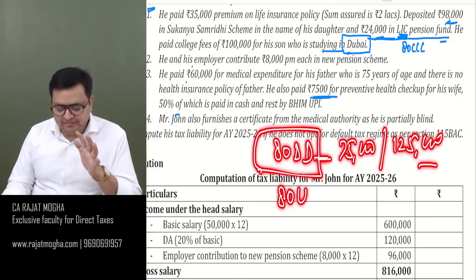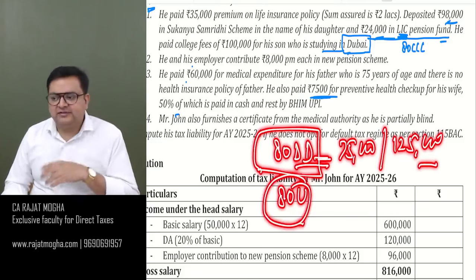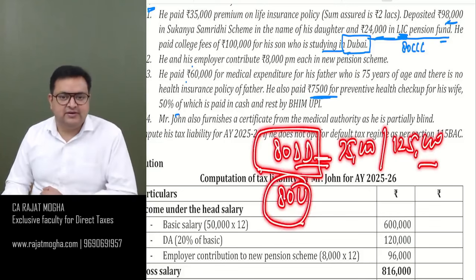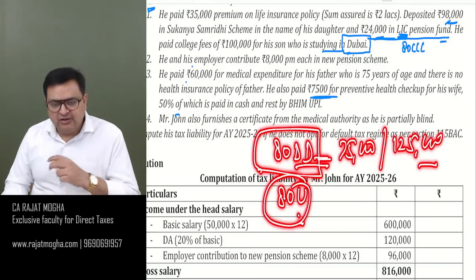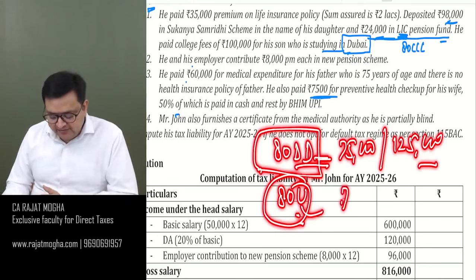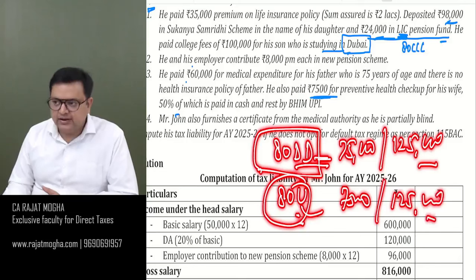I believe that you remember. Same deduction in 80U if the assessee himself or herself is disabled. So if the assessee would like to claim this for himself or herself for disability, including blindness, deaf, or dumb, then 75,000. In case of severe disability, 125,000.